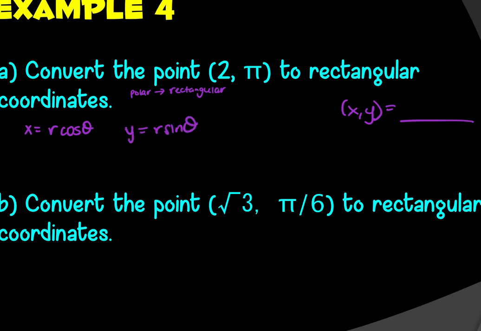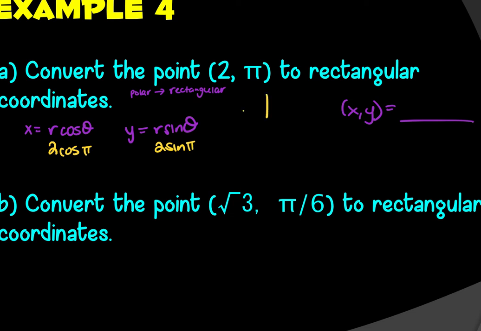That was on the last slide, and hopefully that makes sense because we know cosine is the x and we know sine is the y, right? So our r is what? 2, and theta is pi. So I'm doing 2 cosine theta and I'm doing 2 sine theta, which is pi.